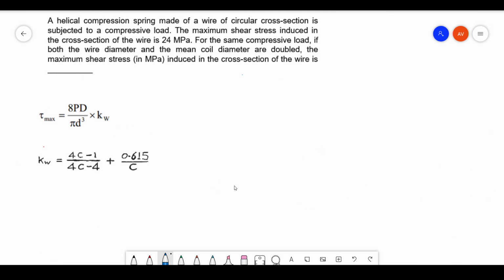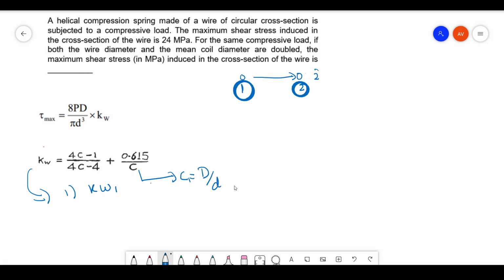Let's say the initial case we denote with 1 and the final case we denote with 2. What can we say about Wahl's factor? In the first case you have some Wahl's factor Kw1. Your C, the spring index for the first case, say C1, depends on the ratio capital D by small d.